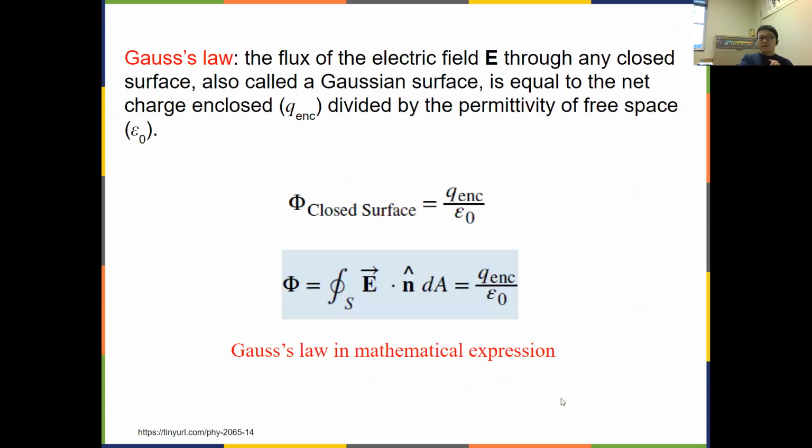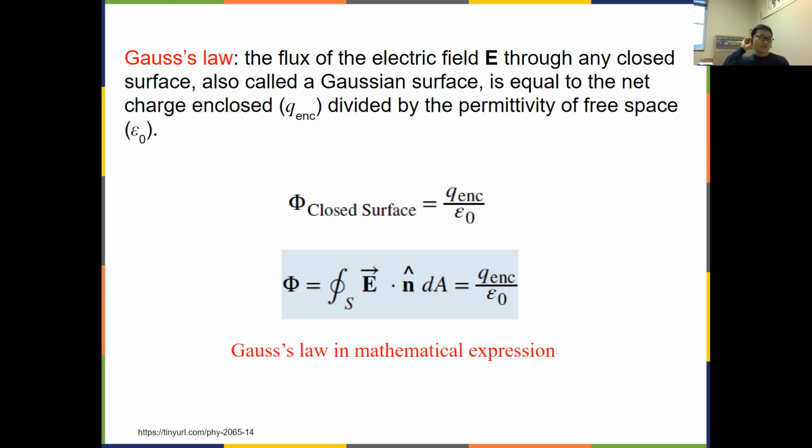So this is not just applying to a sphere that has the charge inside at the center. The charge could be anywhere, just as long as it's enclosed by the surface, and the surface doesn't necessarily have to be a sphere. It could be a cube or any irregular shape, as long as it encloses that charge.